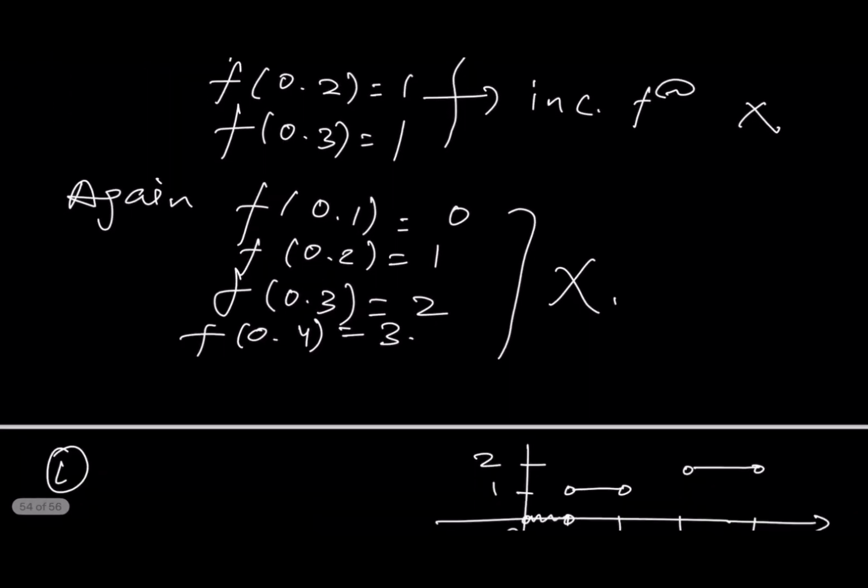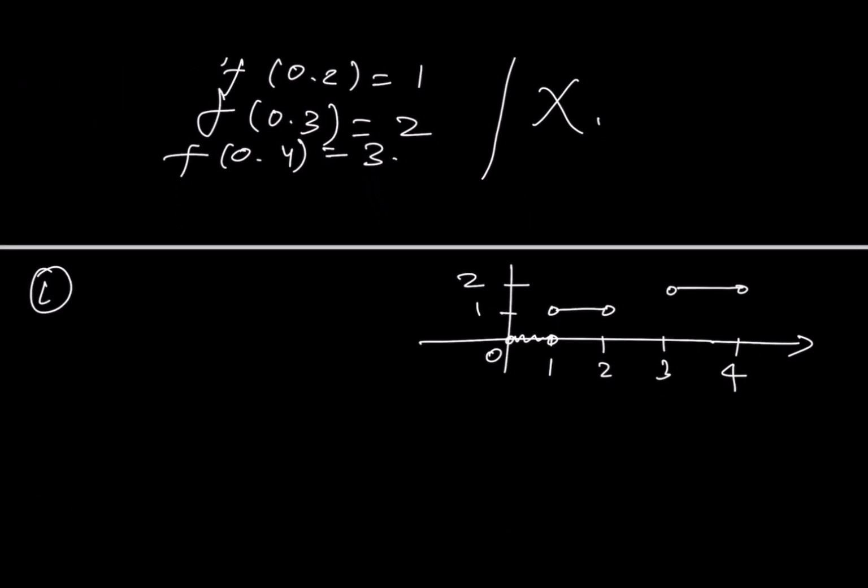So for 0 to 1, the function has four choices.